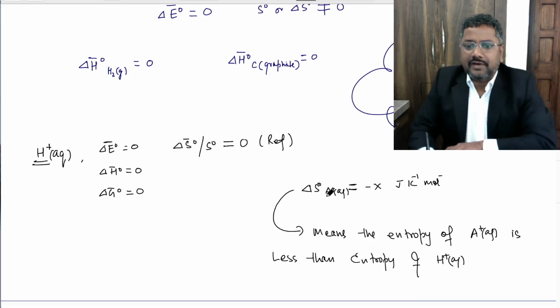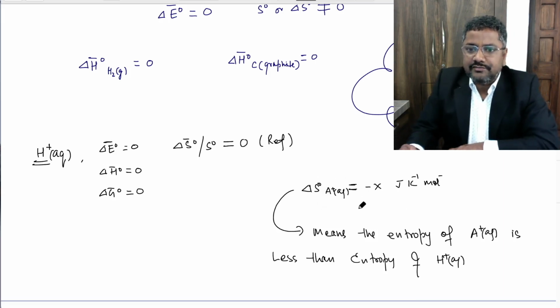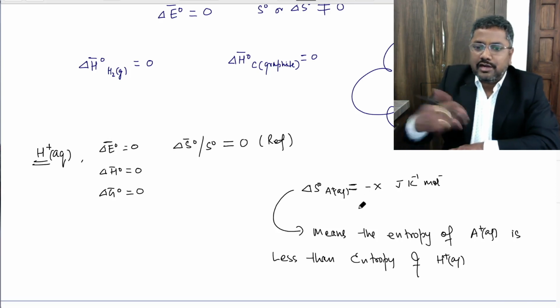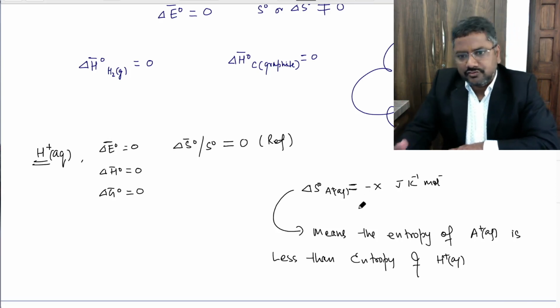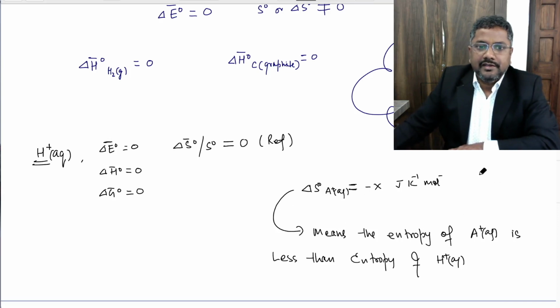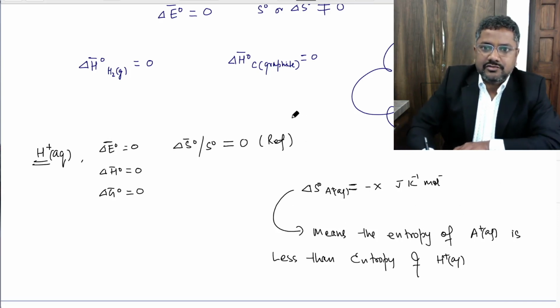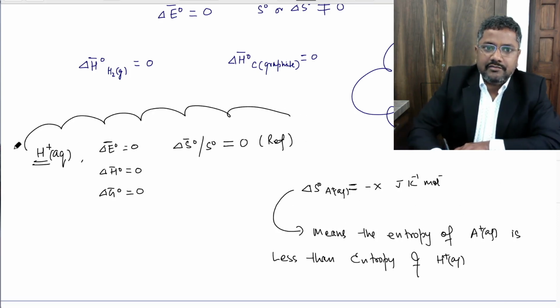And if for any ion the entropy change is positive, it means that ion has more entropy than H plus. So hopefully all of you are clear in this regard. So this is also a very important point.